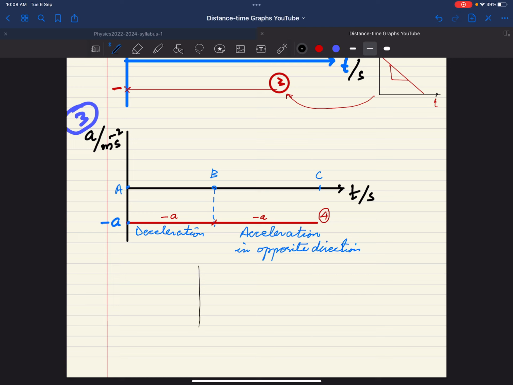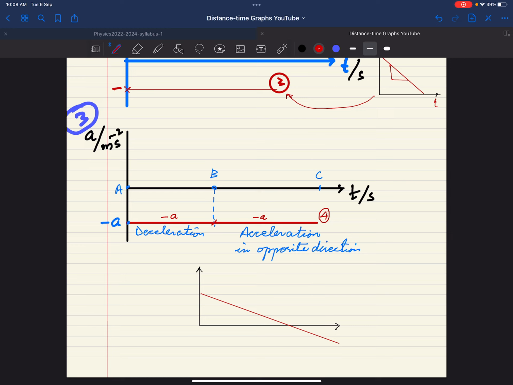We have just discussed that if we have a situation like this, the graph is something like this. So what is actually happening in this case?